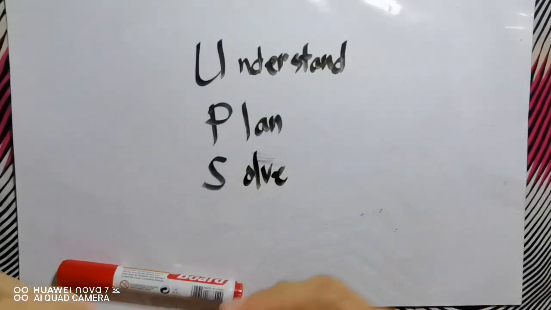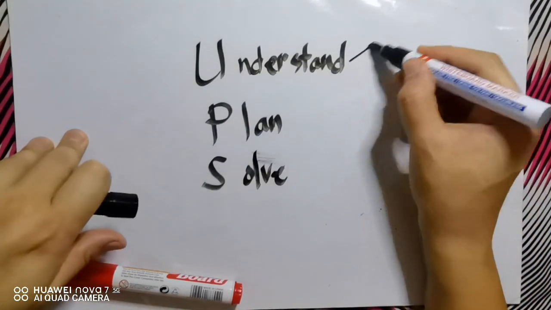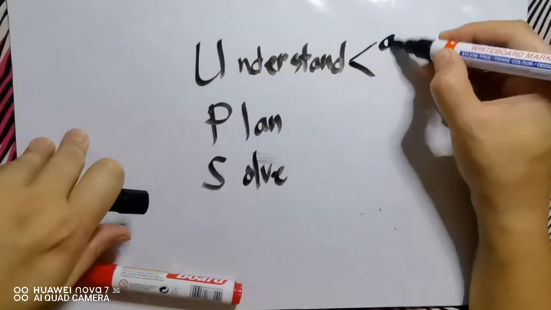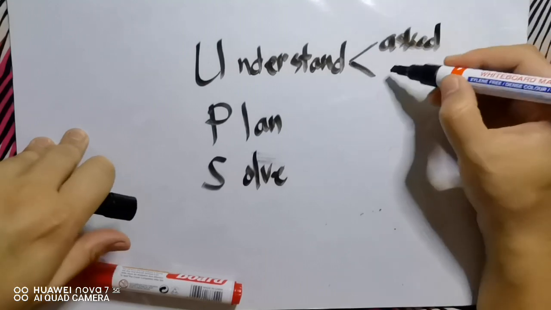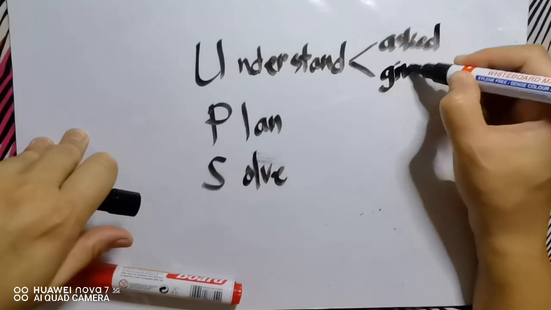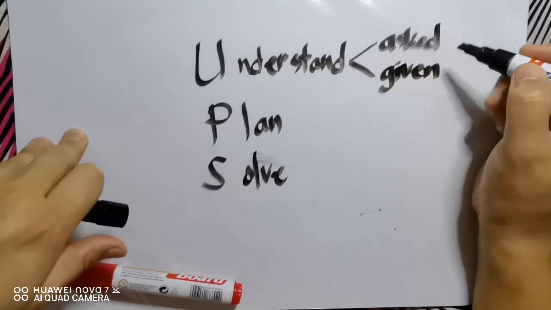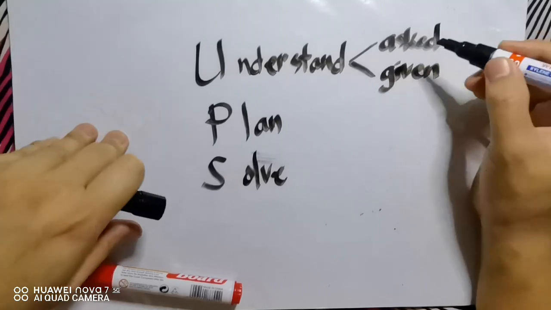Okay? Under this understand, you have to know what is asked, kung ano yung itinatanong sa problem. Sa understand, you also have here the given, kung ano yung mga numbers na ibinigay.